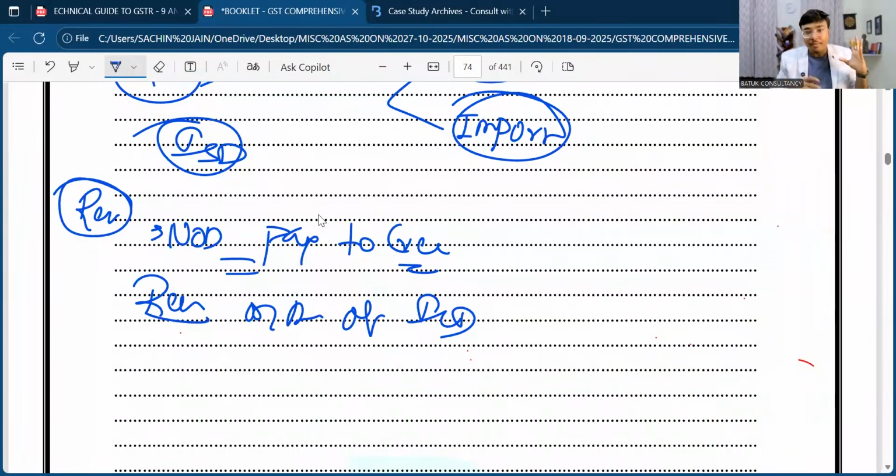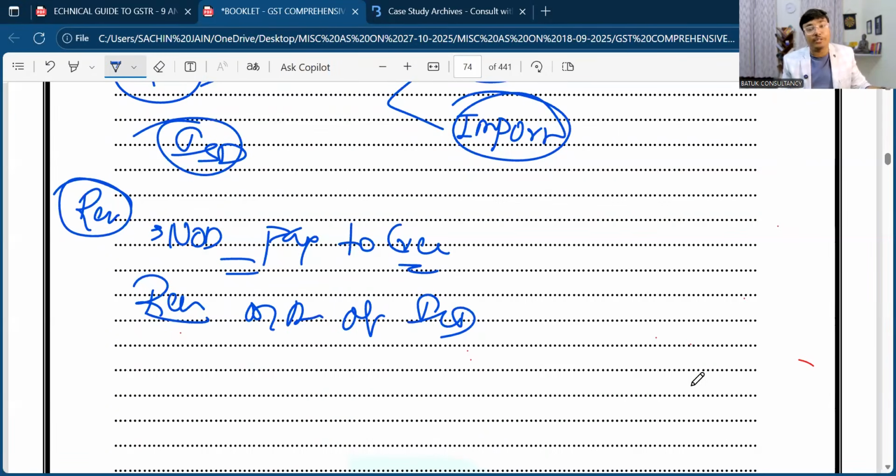Basically, there are two specific reversal rules, that is called as rule number 42 and 43. We all know, if anything which I have bought, I have to utilize in my business. And if I am not utilizing it in my business, in that case, I have to reverse the input tax credit. That means, suppose I have bought a particular thing. Partially I am using it in my business, partially for my personal purpose. Rule number 42 is there. You have to do the reversal.